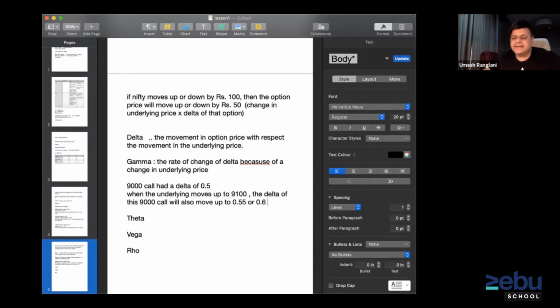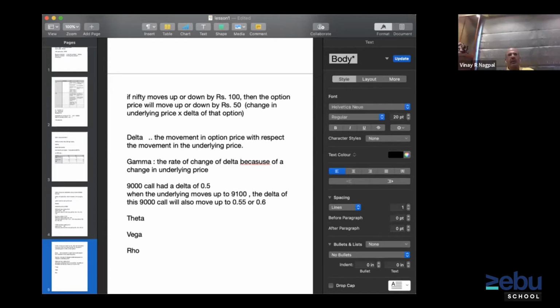And hence the delta of that particular call will be close to 1. There's almost a 100% chance, let's say a 99% or 98% chance. And hence we will say that the delta of the 7,000 call is 0.98. Is this making sense? Nahin samajh mein nahin aaya.